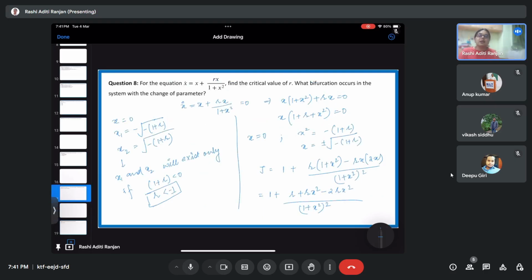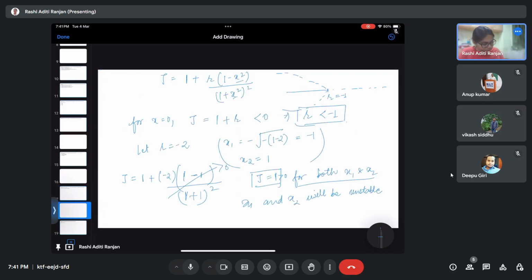This is a case of subcritical pitchfork bifurcation. I hope this is clear.